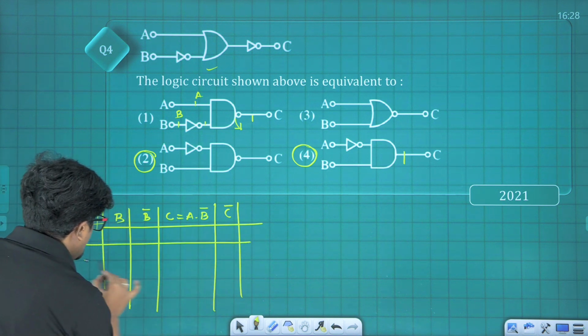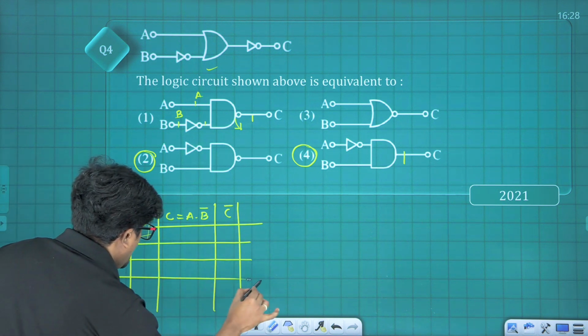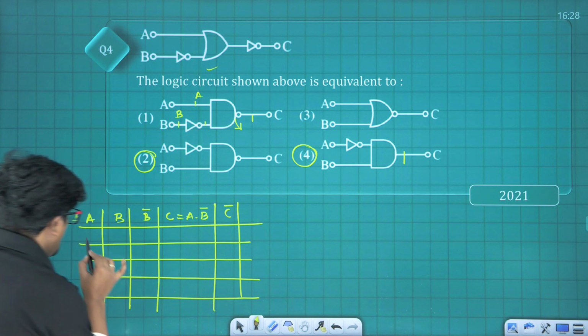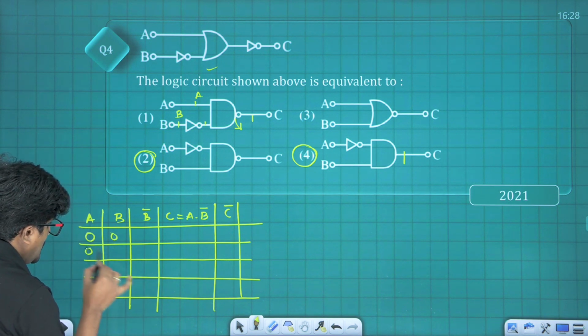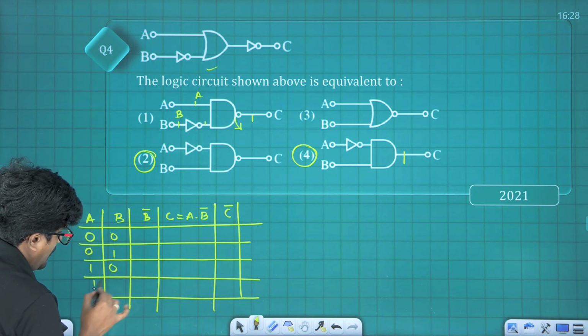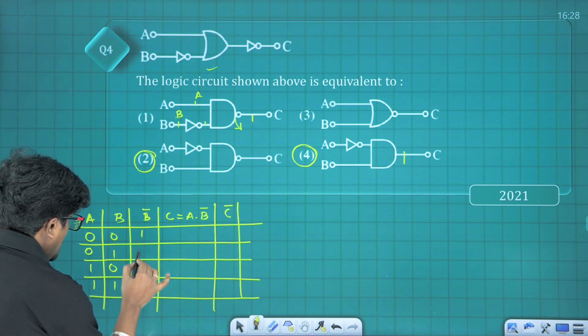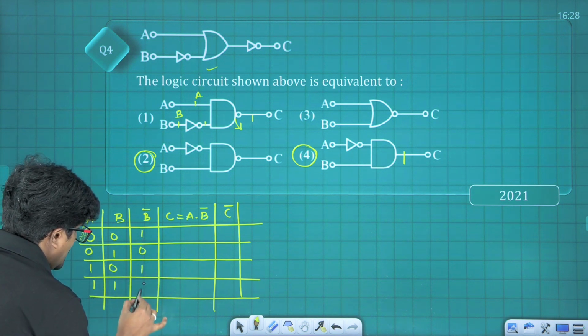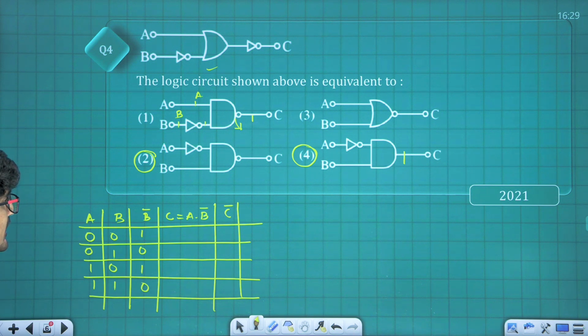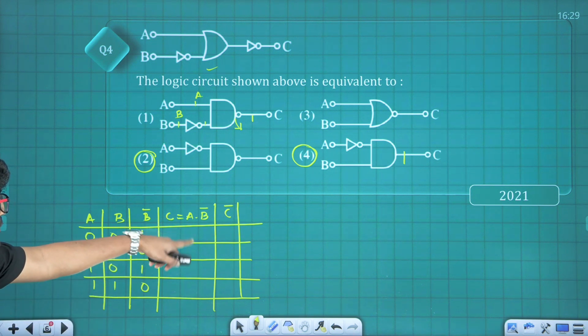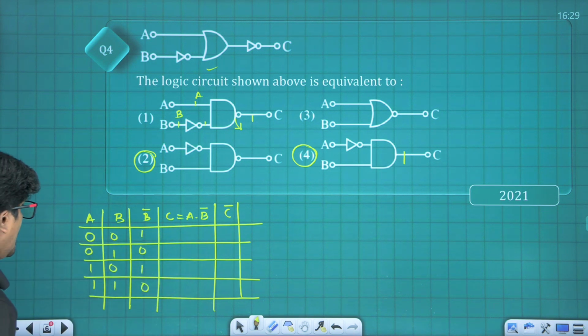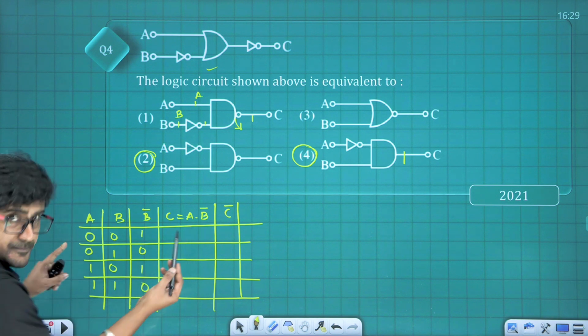Now the inputs 1, 2, 3, 4: 0, 0, 0, 1, 1, 0, 1, 1. B bar means it's 1, 0, 1, 0. Next it is A dot B bar.